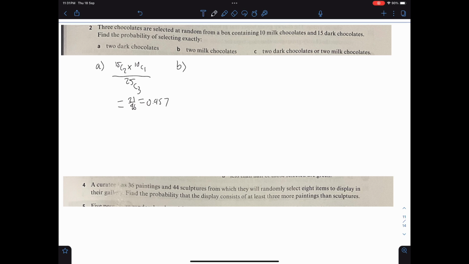Now 2 milk chocolates would just be, we'd only want 1 dark chocolate, but we want 2 milk chocolates. But we'd still be dividing by 25 choose 3. So 2 dark chocolates or 2 milk chocolates. Or means add, remember?